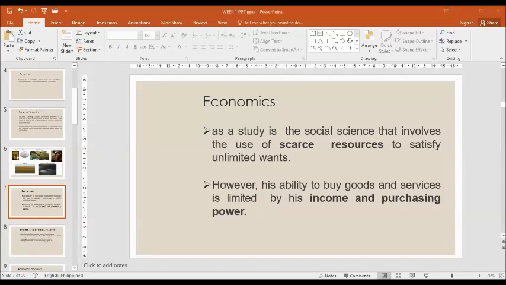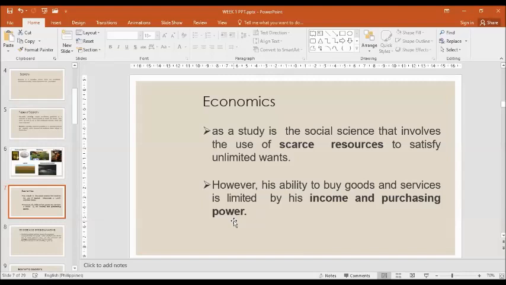Okay, next. Because of the scarcity, economics comes out. That's our subject, economics, defined as a study.